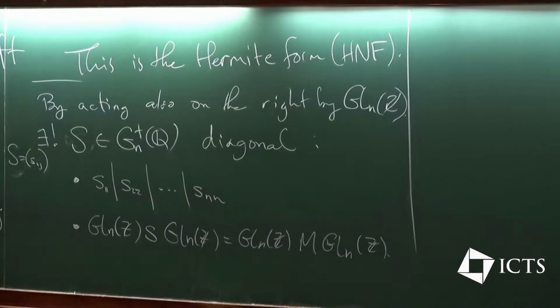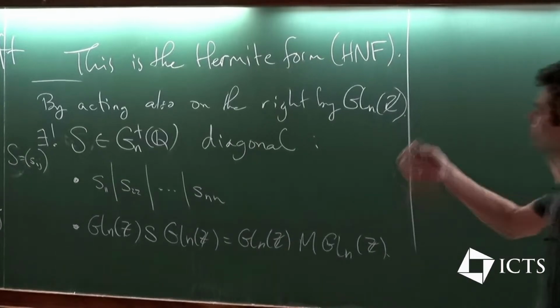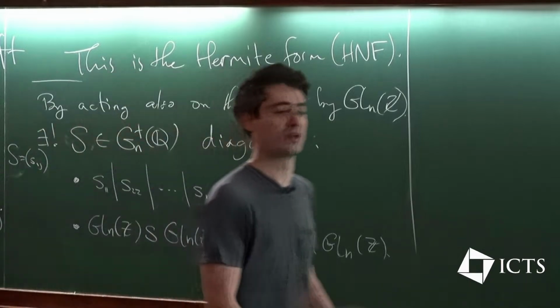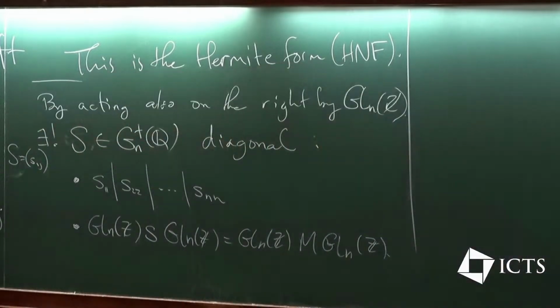Why do I have to? I don't have to for this, but throughout what I'm going to talk about. Actually, I'm going to talk about this very soon, in fact. I'm going to talk about lattices, and what I mean by lattice will be essentially an integral matrix with non-zero determinant. Yeah, no, for this I don't actually need that.